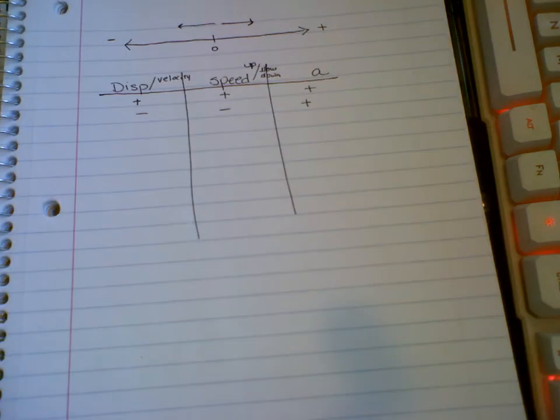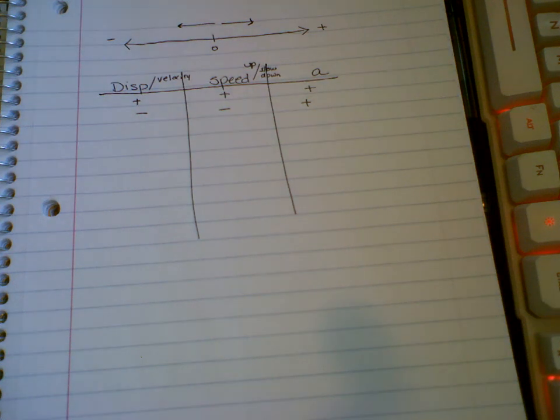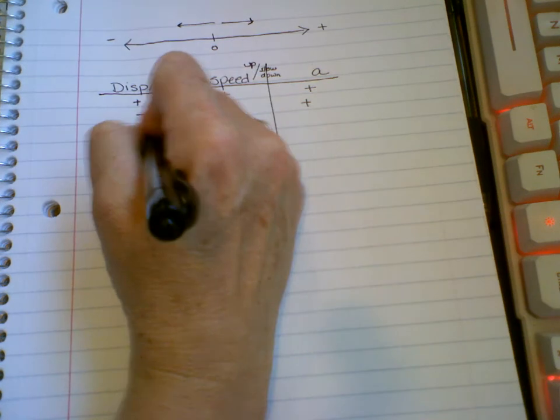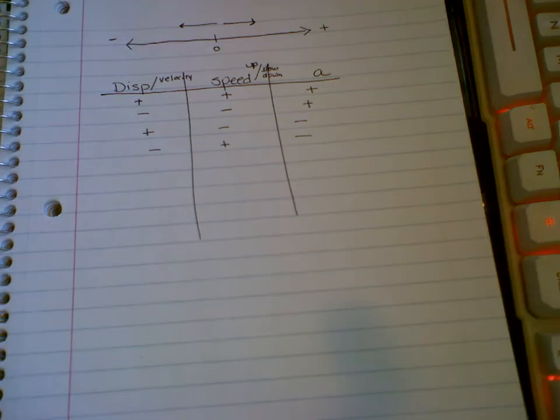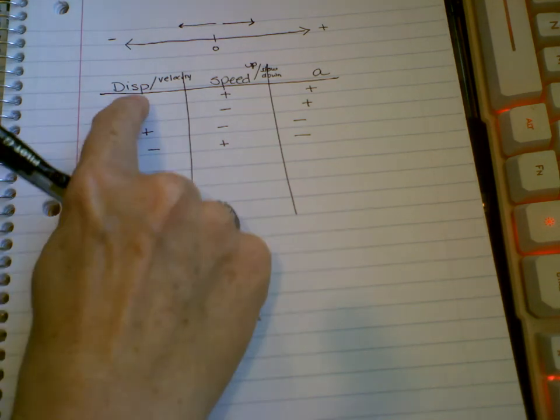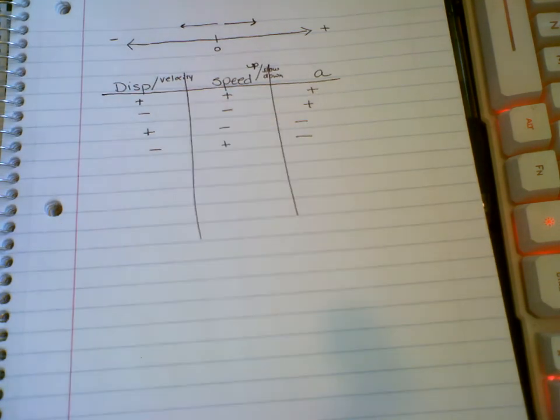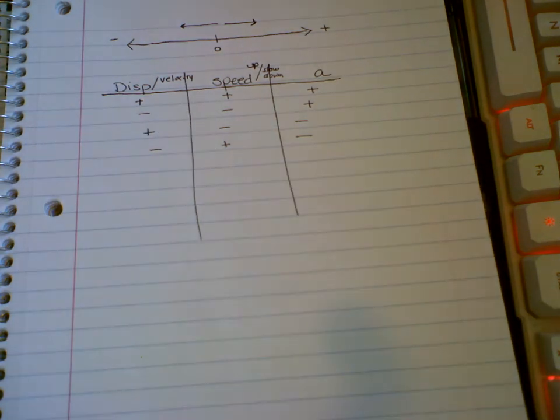If I'm moving in this direction with negative velocity and I'm slowing down, I have a positive acceleration, because the two signs cancel each other out. In the other two situations, you'll have a negative. If you're going in the positive direction but you're slowing down, you have negative acceleration. If you're moving in the negative direction but you're speeding up, you have negative acceleration. So wherever the two signs are alike, positive. Wherever the two signs are opposite, negative.